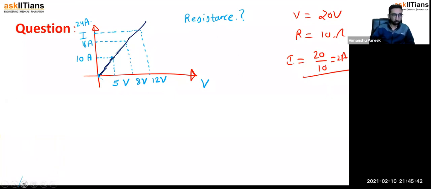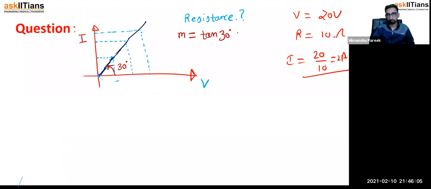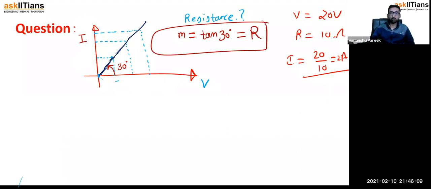Even better if I don't give you the data, because the purpose would be served. Suppose I simply tell you the graph is at an angle of 30 degrees. We know the slope is given by the current versus voltage graph, so the slope would be tan 30, but that is wrong. Resistance won't be that.